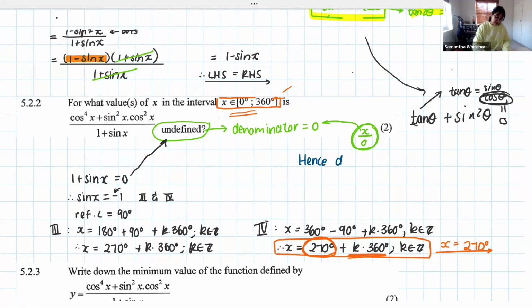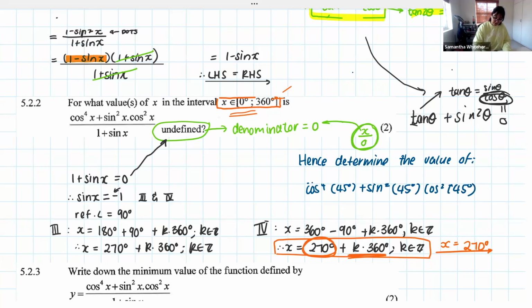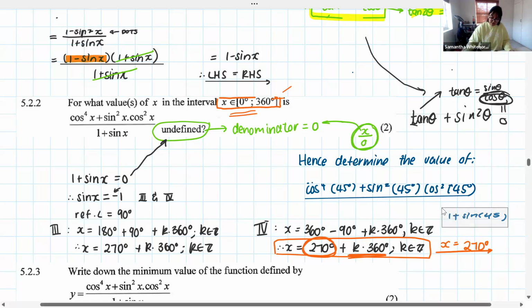So I could say hence determine the value of cos to the power 4 of 45 plus sine squared 45 cos squared 45 over 1 plus sine 45. I'm going to move this to be where it needs to be. Things are just not working for me today. So I could then ask you to find the value of this expression.